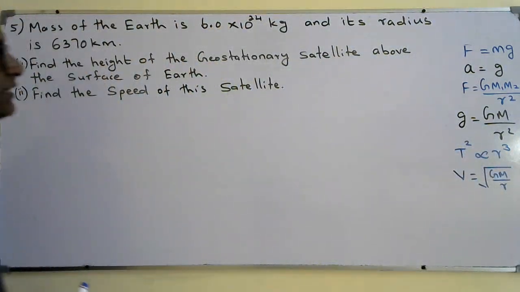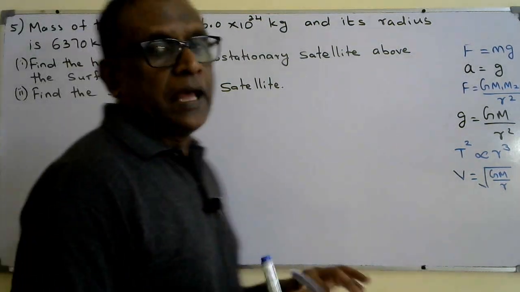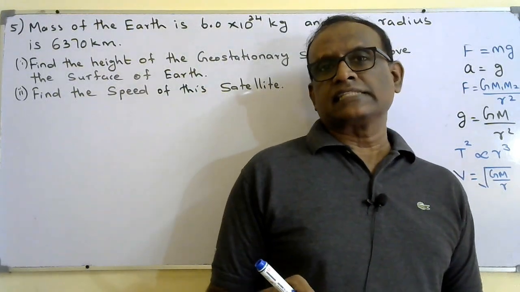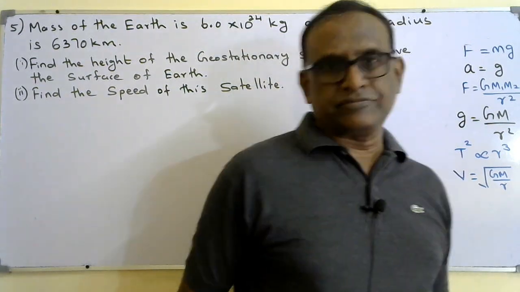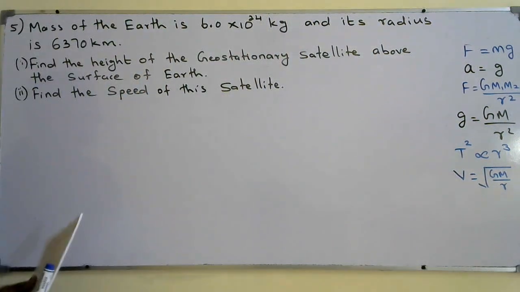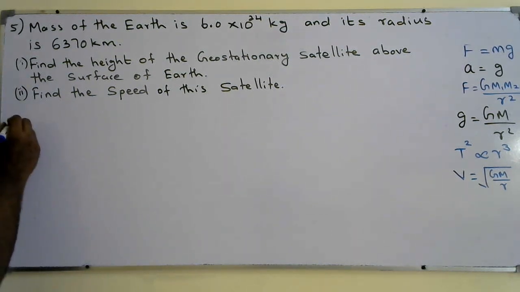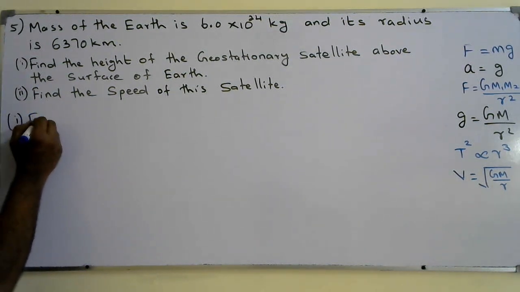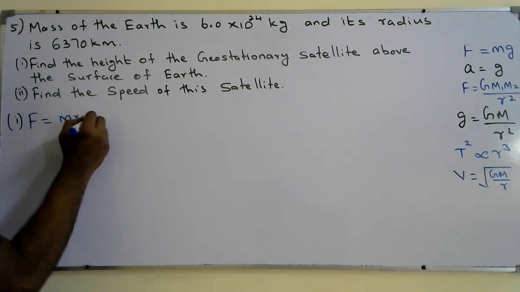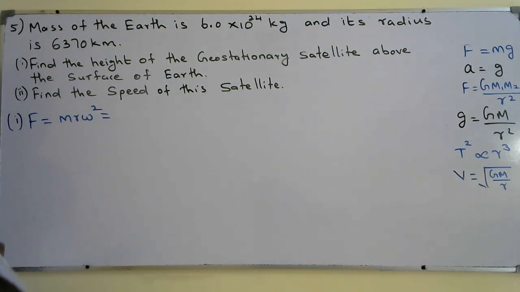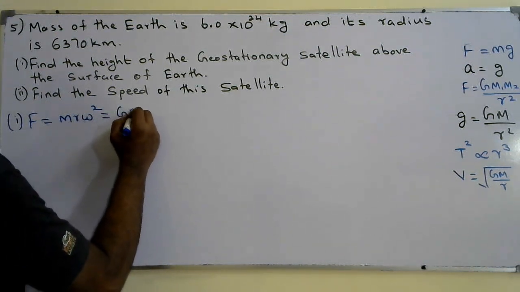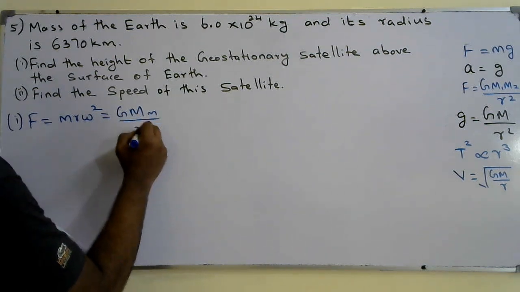So they asked us to find the height of the geostationary satellite, which has a period of 24 hours. Same equation as I used earlier. F equals mrω², the required centripetal force, which is provided by the gravitational force GMm over r².